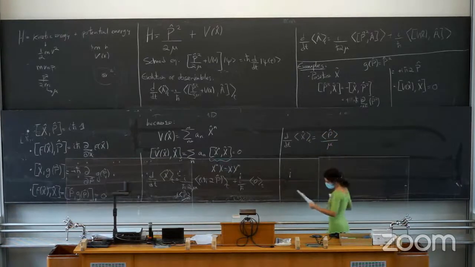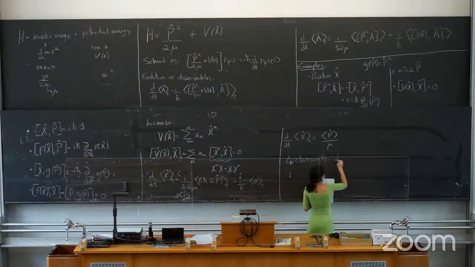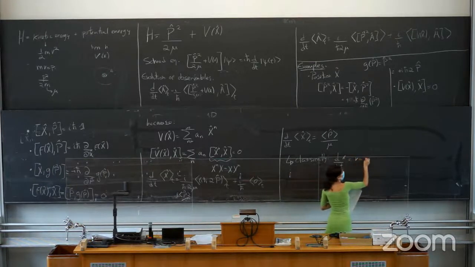And now, why is this nice? Because classically, again, there is some minus sign missing somewhere, but basically, when you take the time derivative of the position, you get the velocity, and the velocity is p over the mass.